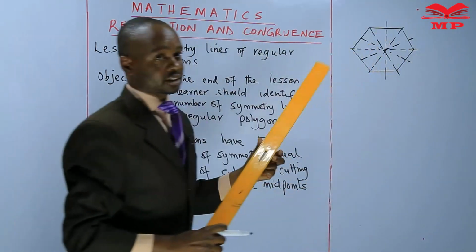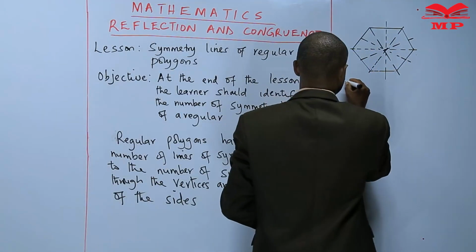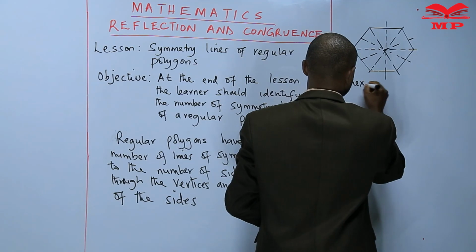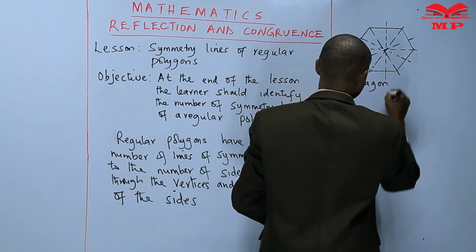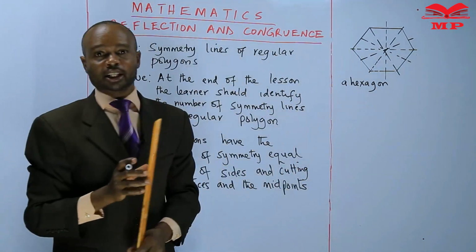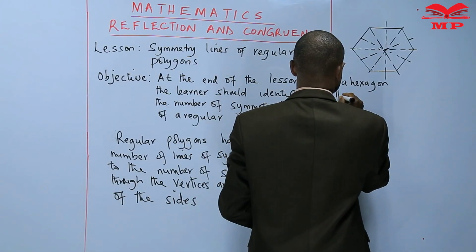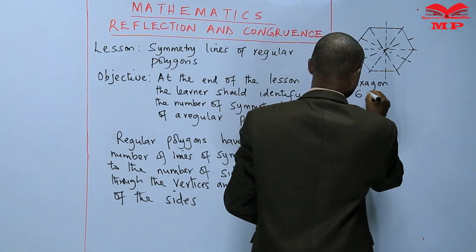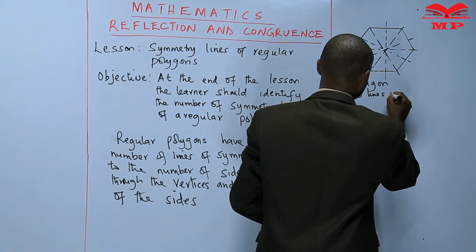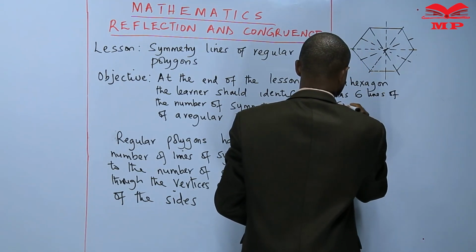As we've seen, that is a hexagon. And we noticed it has 6 lines of symmetry.